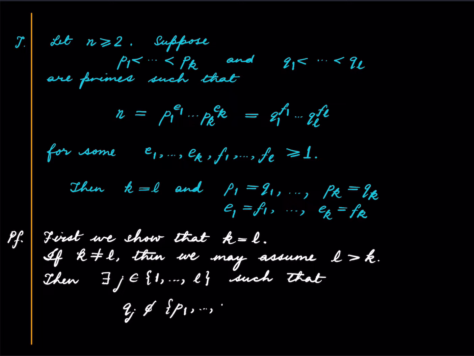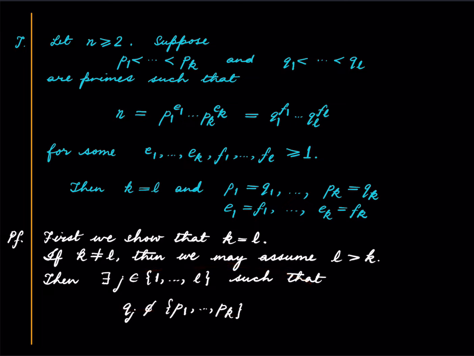So the way I've written it may look a bit complicated, but here is what I'm trying to say. I'm saying if L is greater than K, then you are seeing more primes here than you are seeing here. So there must be some particular Qj which does not appear in this list of primes P1 up to Pk. So that's what I've written here.